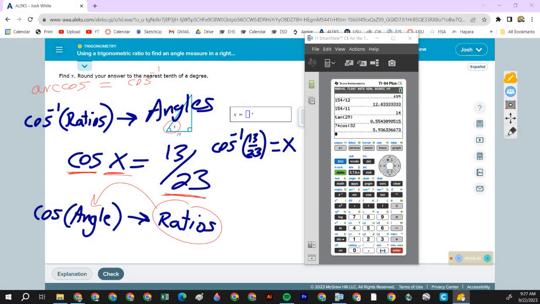So I go to my calculator and I do second cosine of 13 over 23, and it will spit out an angle, 55.58 degrees. Okay? So if you know the angle, you use sine, cosine, and tangent. If you are looking for the angle, then you use the inverse buttons.